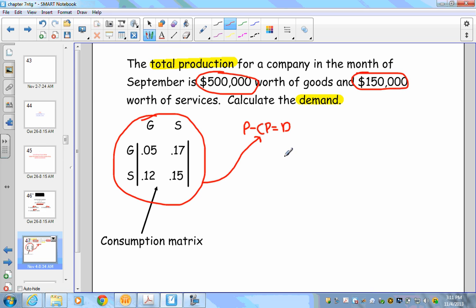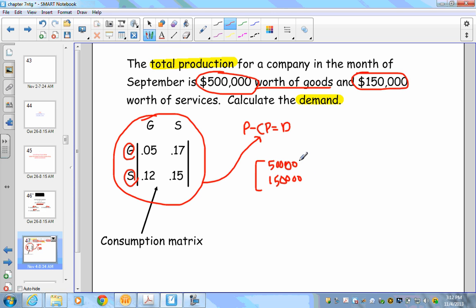The thing to remember is that the 500,000 is worth of goods. In our consumption matrix we have goods over services, so our production matrix has to follow along. So when we plug it into our calculator, it's going to be 500,000 and then 150,000.